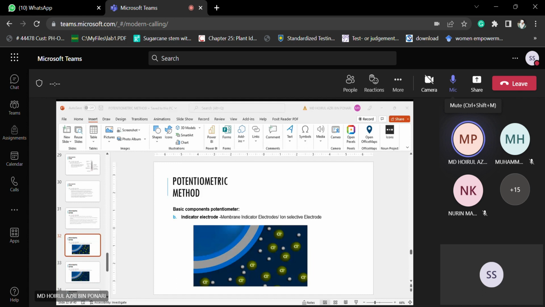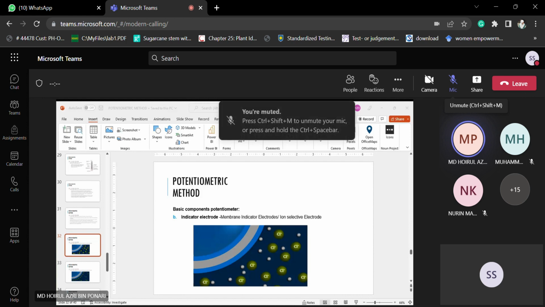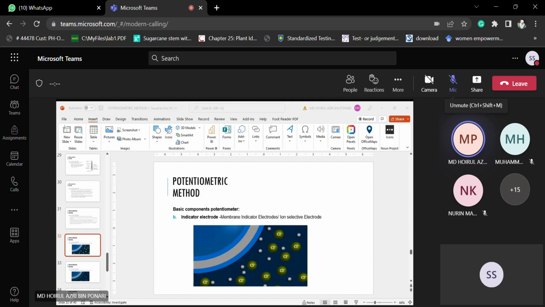Yes. Okay. So in galvanic cells, we have a salt bridge. The function of the salt bridge is to connect the two solutions. So when there is a connection, only then do the redox reactions occur. But in a pH meter, there is no salt bridge. We have to develop one. So how do we develop it? By the hydrogen ions.